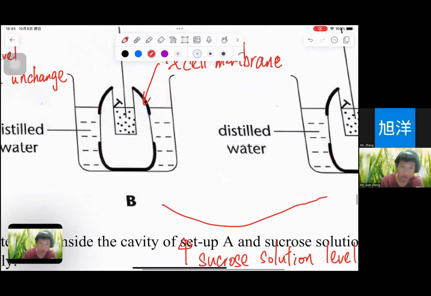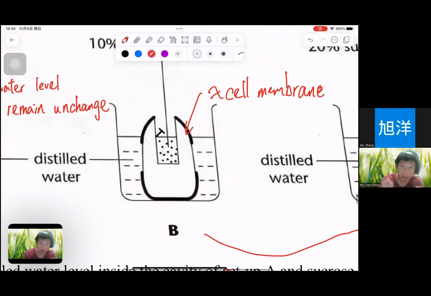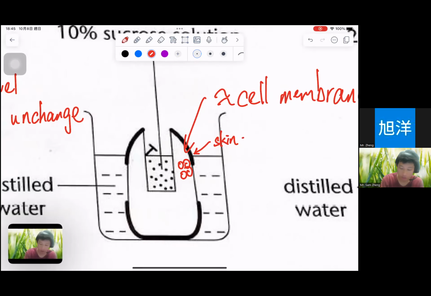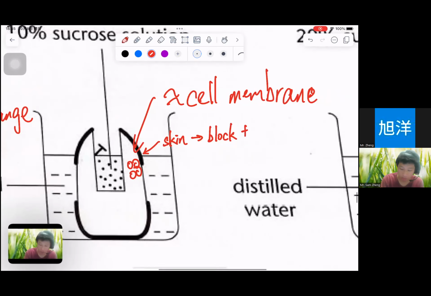First of all, we need to compare the water potential of the potato cell and the water outside of the potato. The skin blocks the transport of water molecules.